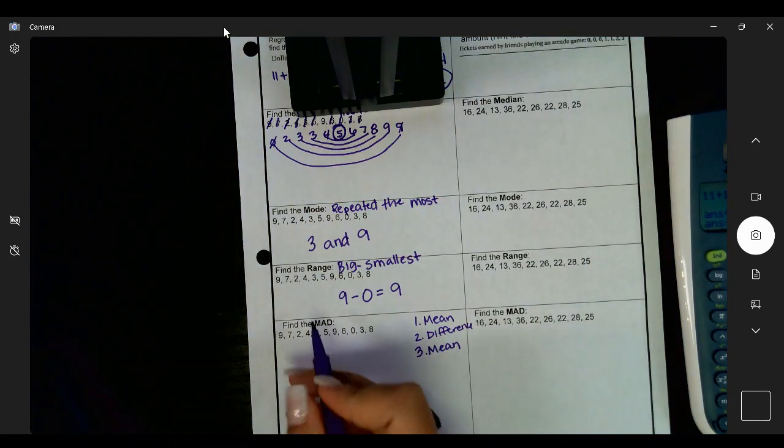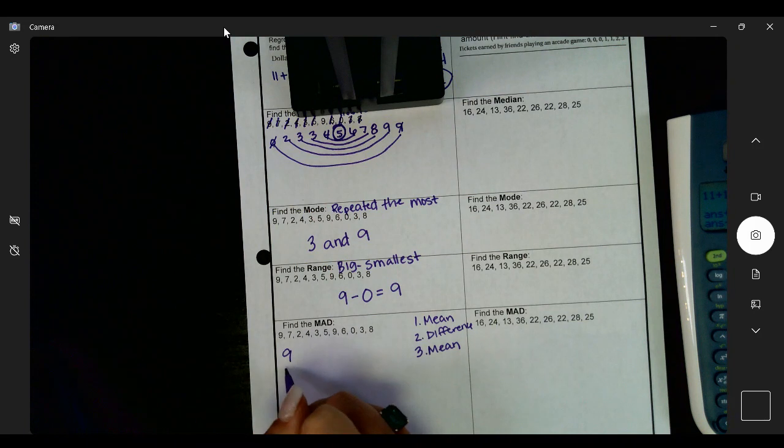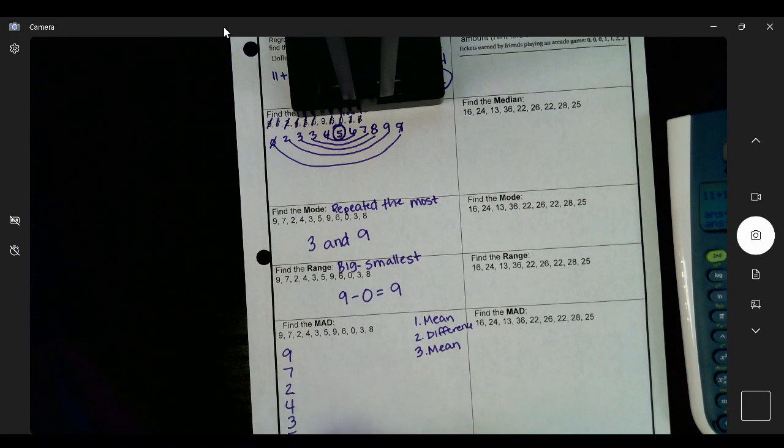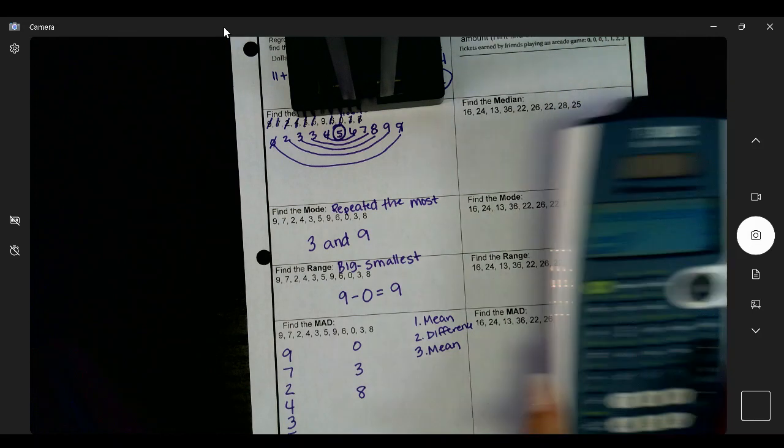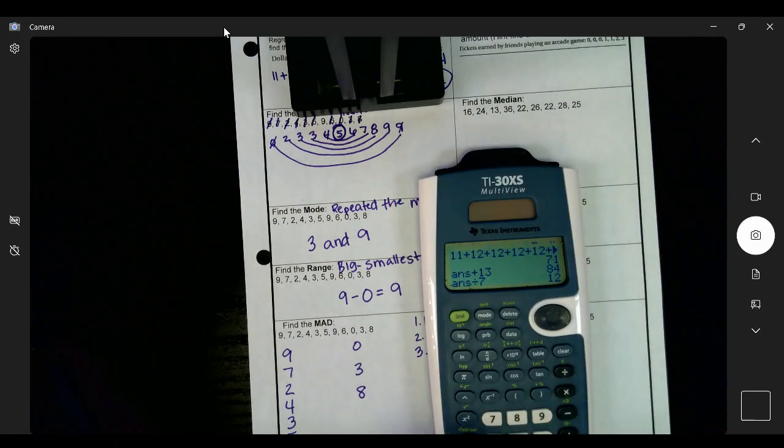So what I do first is I list my numbers out here vertically to kind of help give me a better picture. And I'm going to find the mean. So to find the mean, we have to add up all our numbers.